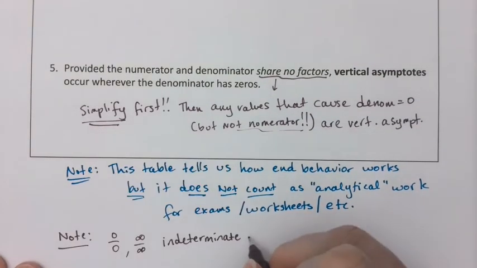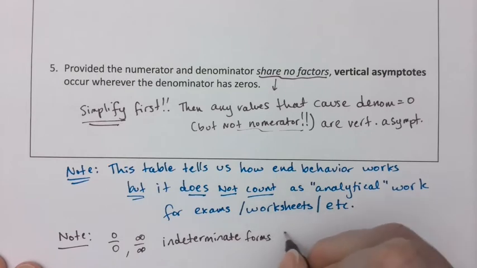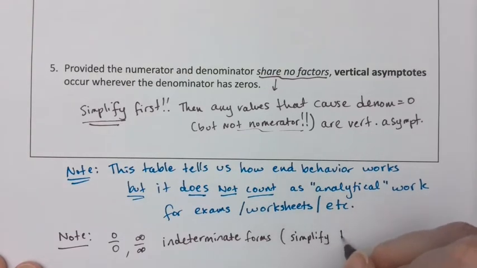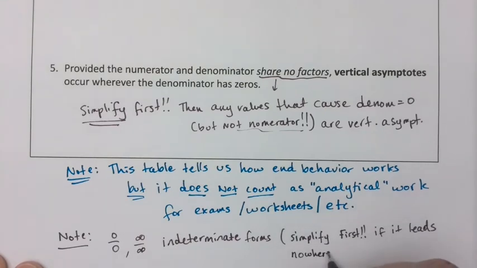Simplify first, and if simplifying leads nowhere, then you're done, at least in this course. There are things you can do, but not in this class. So if it leads nowhere, if you don't get out of the 0 over 0 thing, then the limit does not exist.